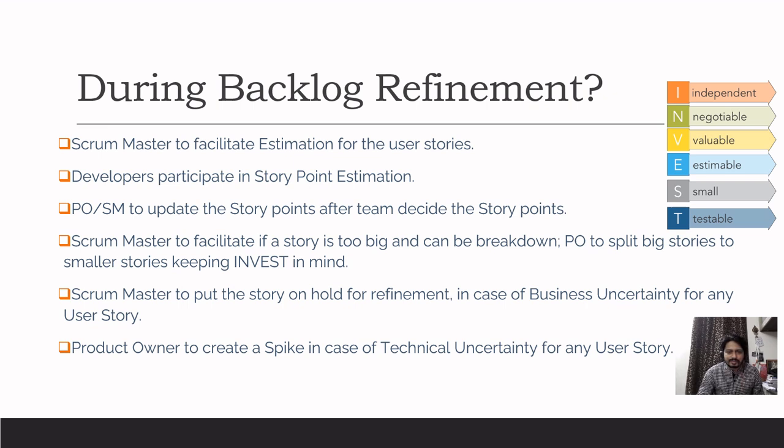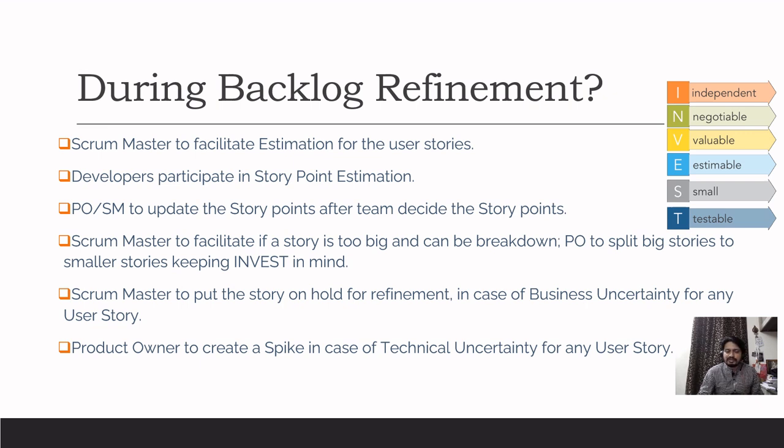Suppose there is a user story where the team understood the complexity, the effort sizing, the dependencies, and the uncertainties, and after the discussion the team goes for the estimation, and the estimates are too high, like in the range of 8, 10, or 13. Or maybe if you are doing t-shirt sizing, it's in the range of XL or L. So it's a good idea to break it down into smaller ones.